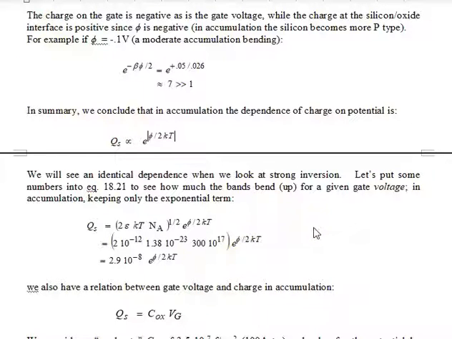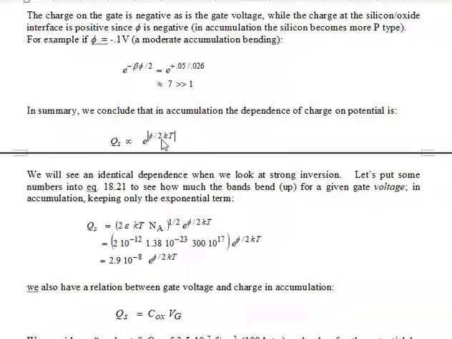And the interesting thing is we'll see exactly this dependence when we look at strong inversion. That makes sense because in accumulation, the device structure looks like a capacitor, Cox, and at strong inversion, the structure looks like a capacitor with capacitance of Cox.